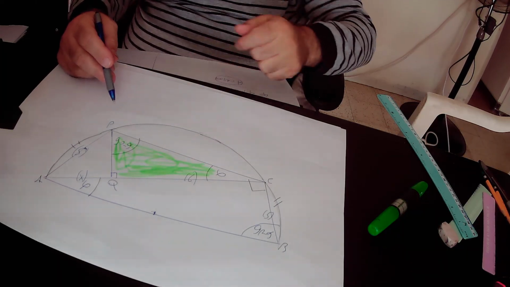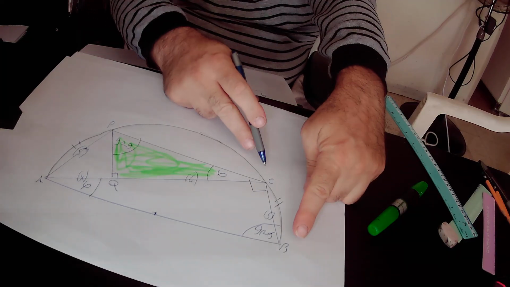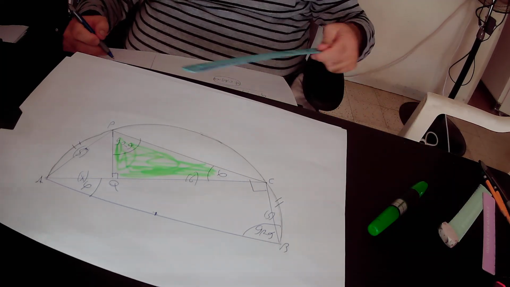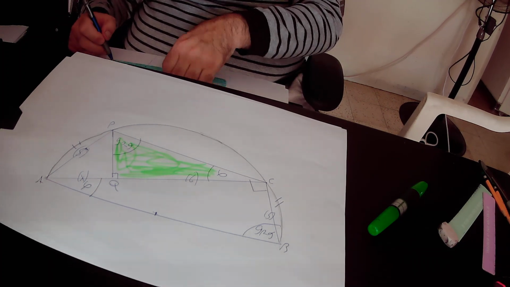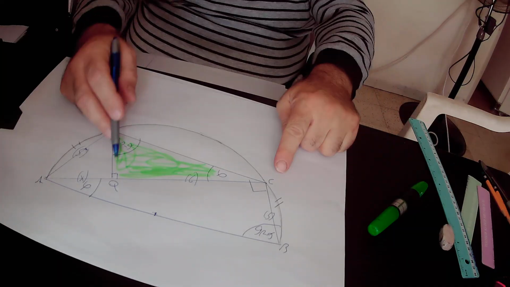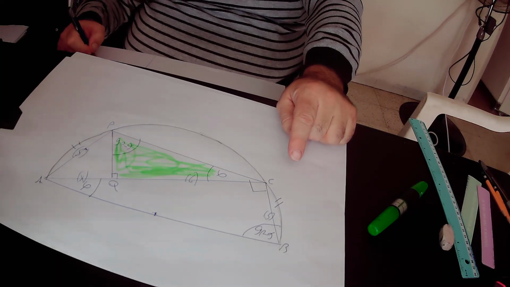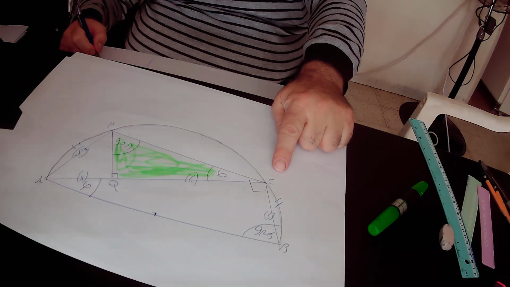PQ is the missing side, so leave it as it is. Over CB, CB is 5, according to what is given in the question. And it equals QC, QC is 6, according to what is given in the question. Over AC, AC in total equals x plus 6.